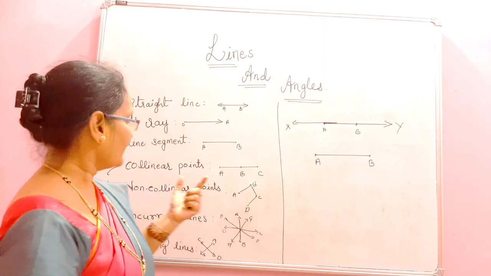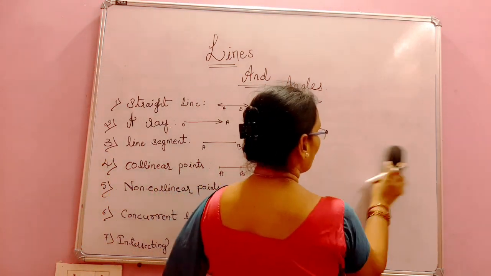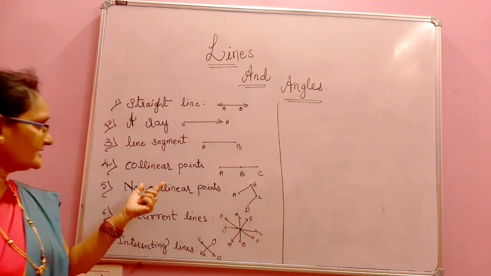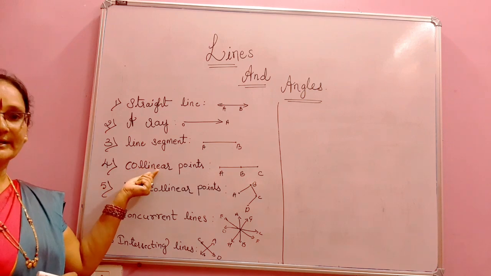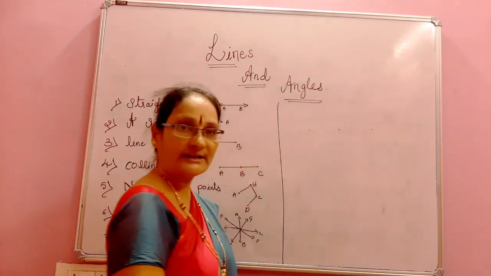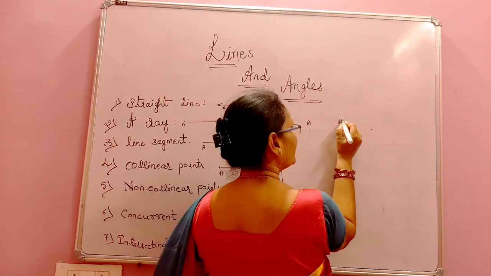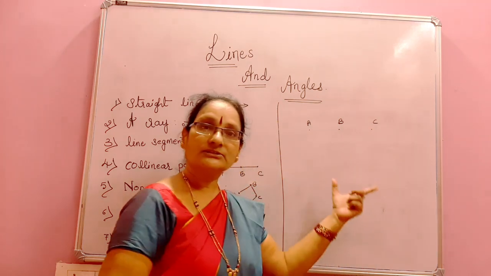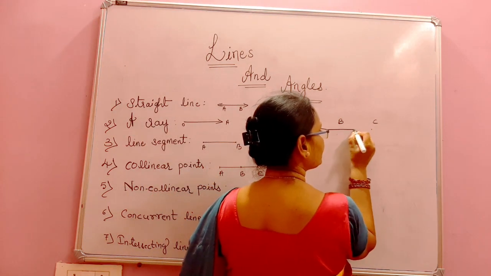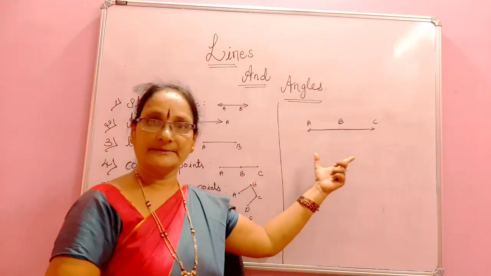Okay. Then the next one is collinear points. See here students, collinear points, the name itself is saying that. Suppose like this 3 points are there. When I join these points, example A, B, C are 3 points. If I join these 3 points like this, they have to form a straight line.